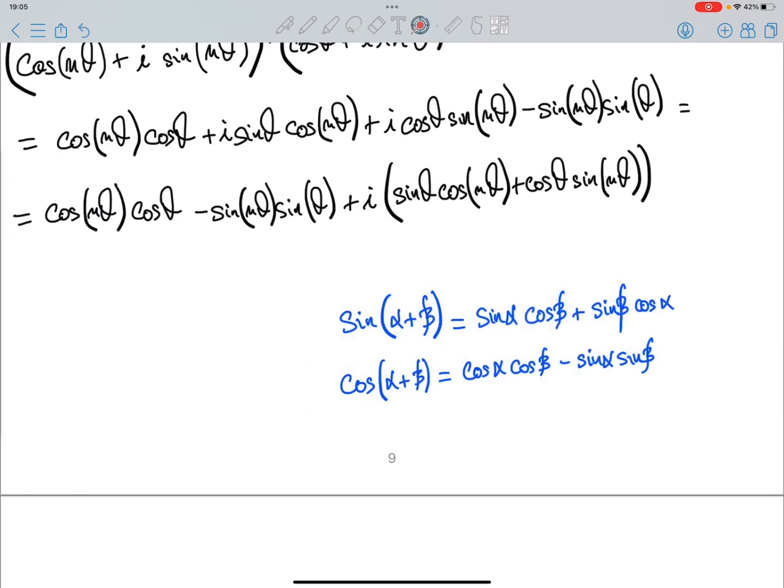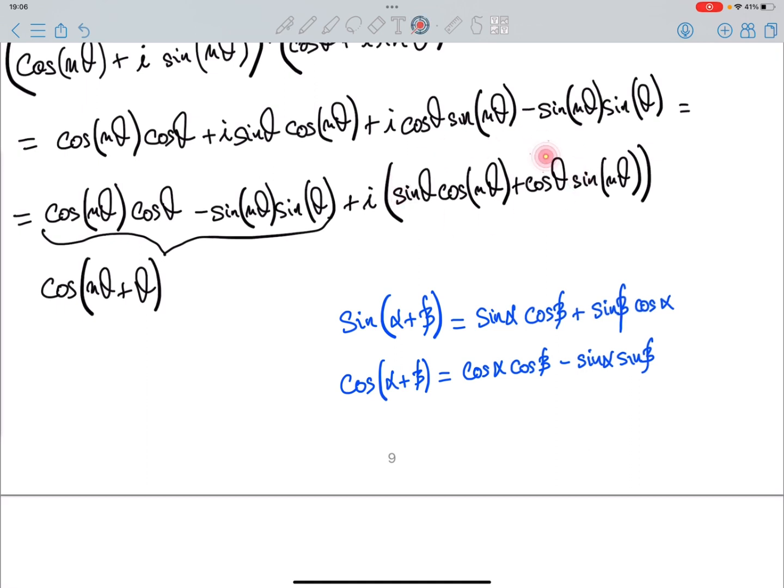As you can see, here we have cos α cos β, which is cos(nθ)cos θ, then minus sin α sin β, so minus sin(nθ) sin θ. So this can be reduced to just cosine, and we add up the terms, so this is cos(nθ + θ).